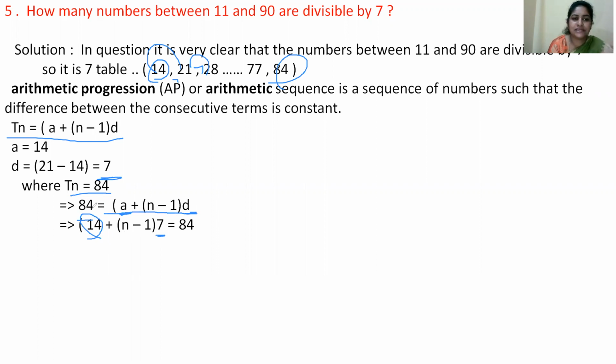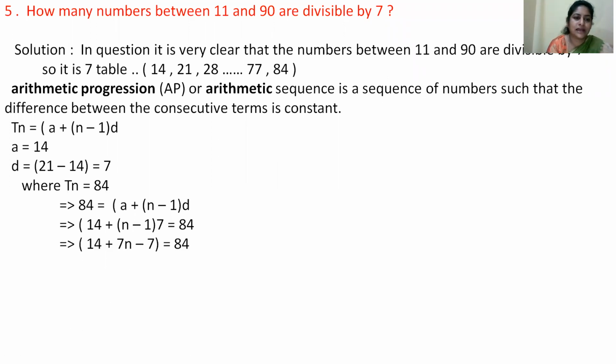I have just interchanged the sides here. I wrote 84 on this side because our aim is to find the value of n, that is, the number of terms between 11 and 90. If I write it like this, it will be easy for me to find n.